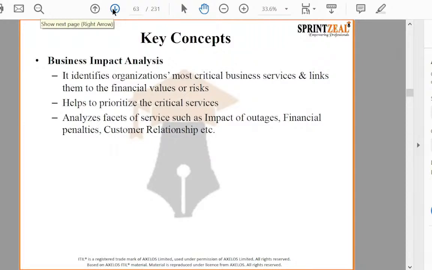Business impact analysis, acronym is BIA. It identifies organizations' most critical business services and links them to financial values or risk. It also helps to prioritize the critical services. And it analyzes facets of services such as impacts of outages, financial penalties, customer relationships, etc. So your business impact analysis looks at the portfolio of the organization and says, okay, we provide all of these things.